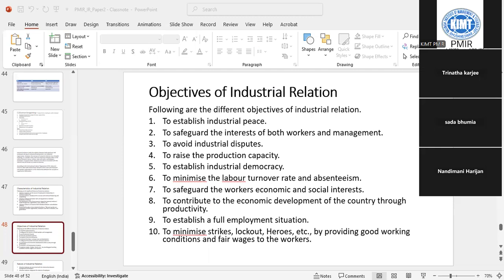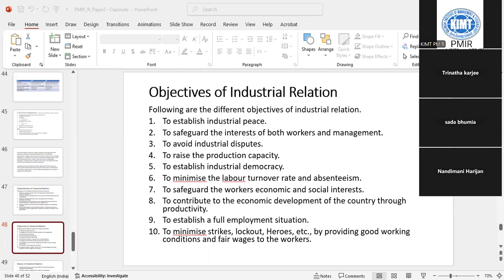So that is another objective: to utilize the industry with full capacity, to make sure every component of industry is working perfectly, everyone is employed, and nothing is idle. So you are making the best use of industry to establish a full employment situation.